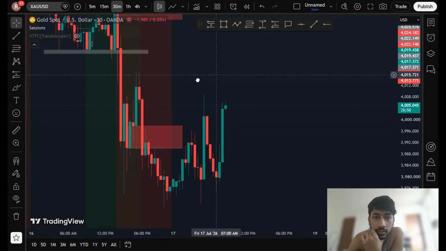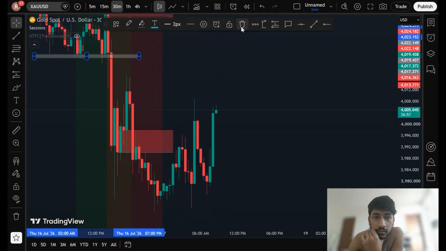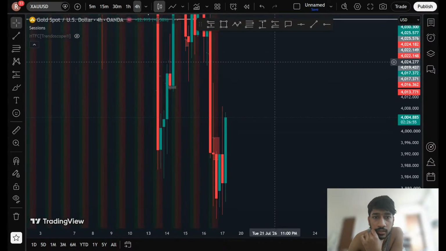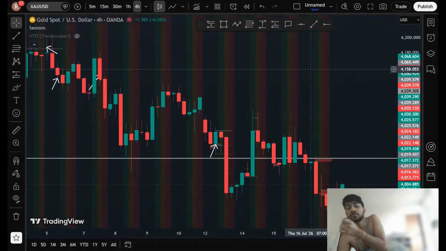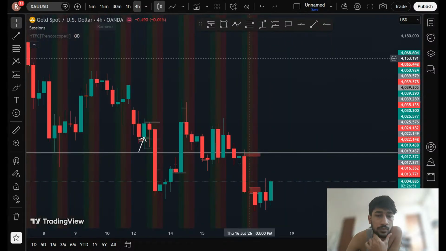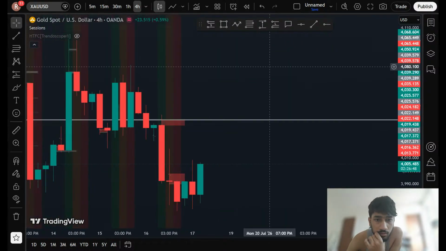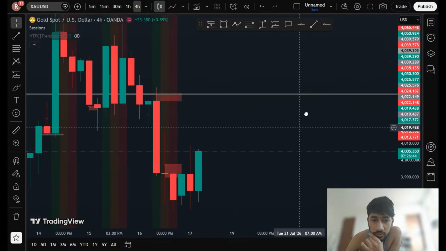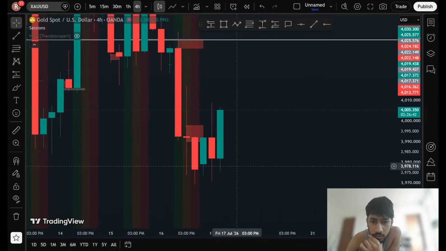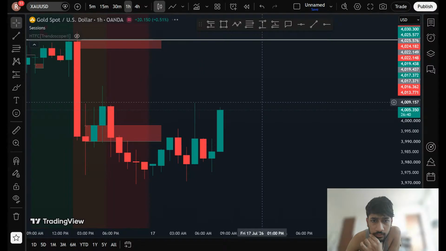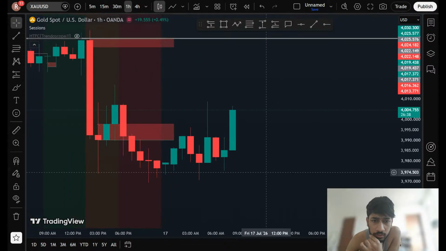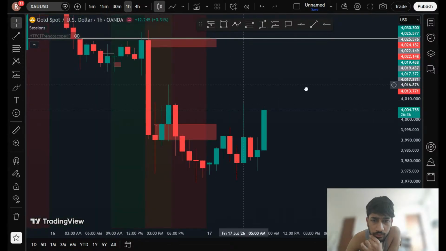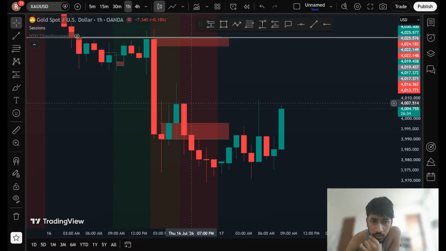Let's see what's there for us in the London session. On 4 hour we have 2.5 hours left for the candle to close. I think 1 hour is coming from support to potential resistance to sell off.